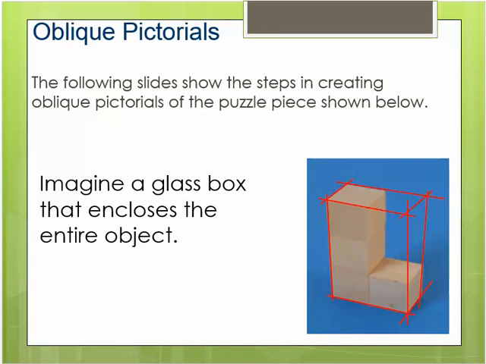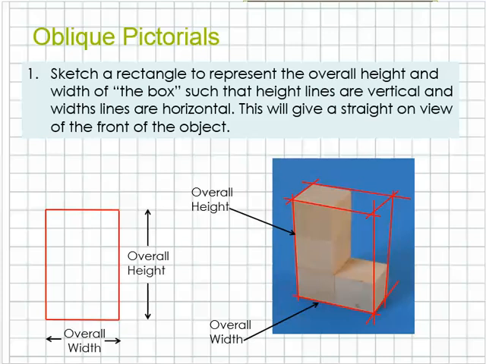Oblique pictorials. All right, to make an oblique, imagine a glass box that encloses the entire object. Sketch a rectangle to represent the overall height and width of the box, such as the height lines and the vertical lines. So, overall, they say that this right here is 2 boxes tall, 3 boxes high.